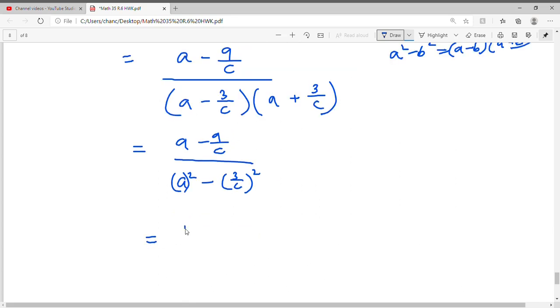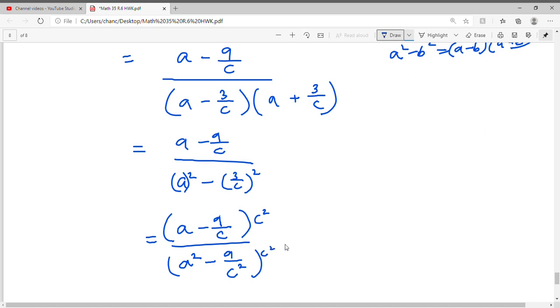This simplifies as a minus 9 over c divided by a squared plus negative 9 over c squared. Let's multiply the top and bottom by c squared to get rid of those fractions.